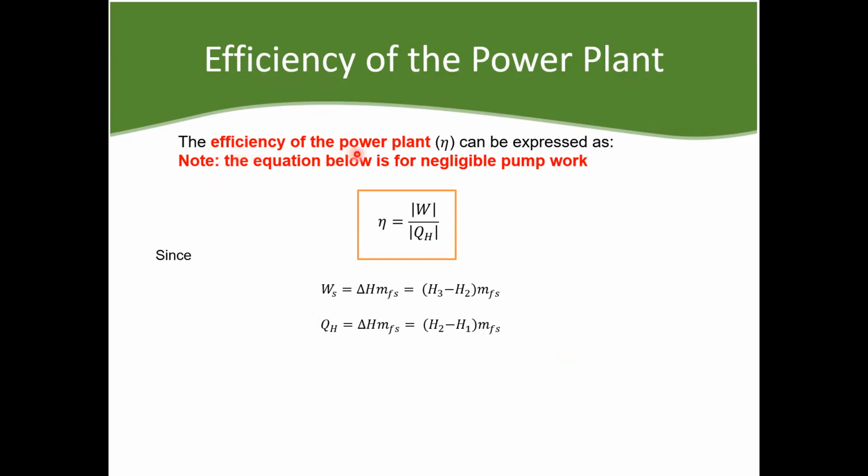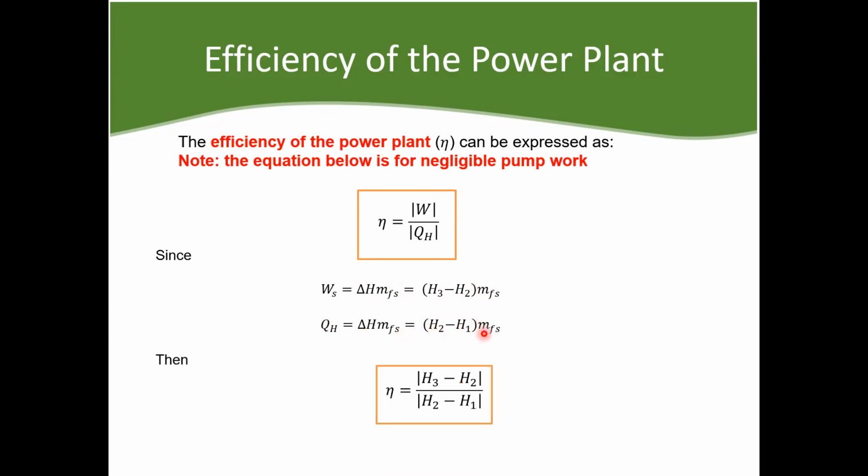For the power plant that assumes negligible pump work, meaning we mainly rely on the turbine for the net work, it's the work produced by the power plant divided by the heat absorbed in the boiler. Remember this is our equation for the turbine, and this is the equation for the boiler.